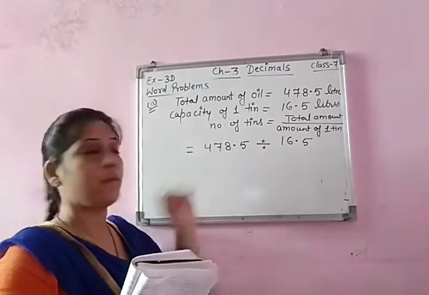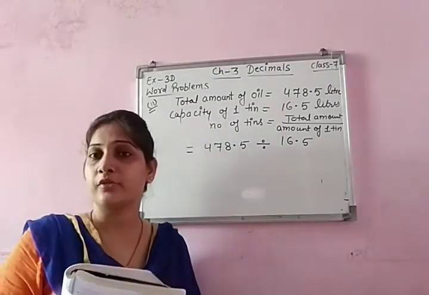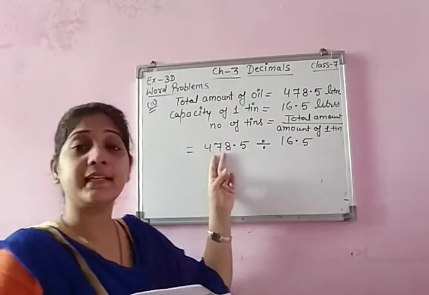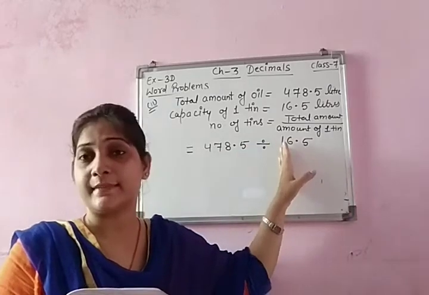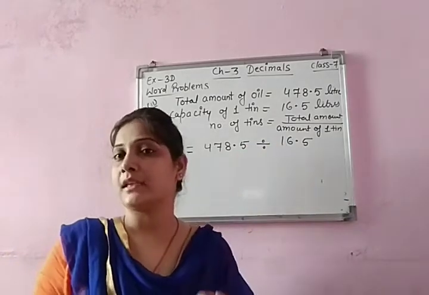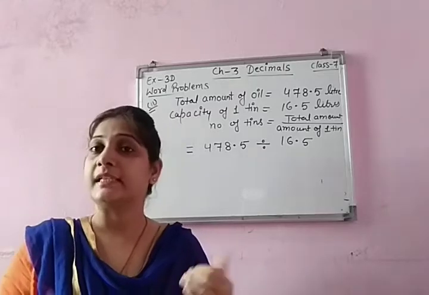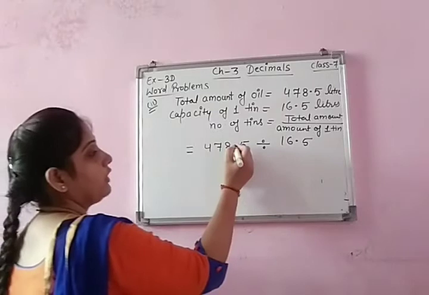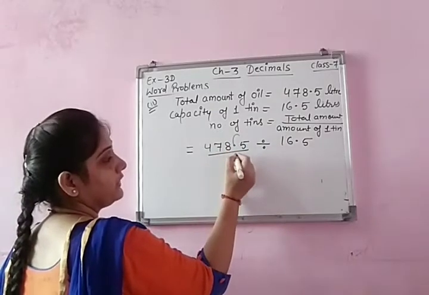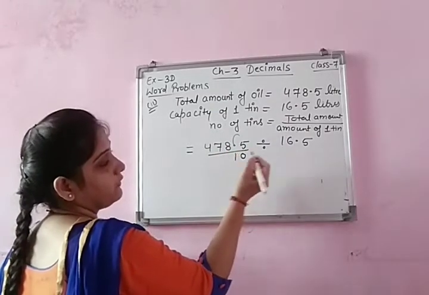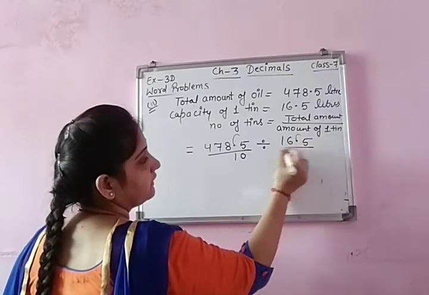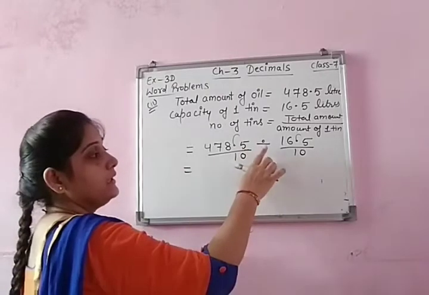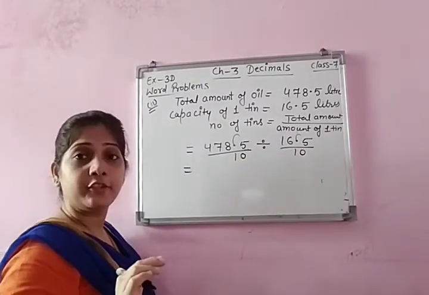You can write in fraction form also, and then remove the point. It's your choice. Now, this is a decimal number and this is also a decimal number. The easiest method: first remove the point, convert both the decimal numbers into fractions. And we know how to do it. Remove the point, there will be 1. If there is 1 digit, put 1 0. Same thing here, 10. Now, in the second step, divide is to be converted into multiply.